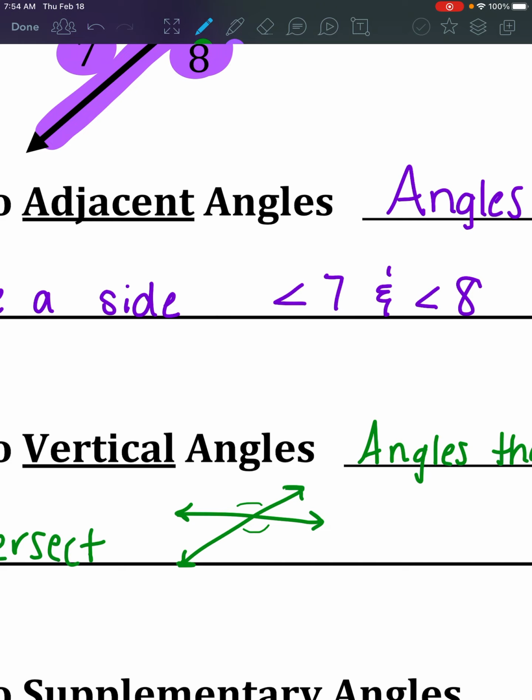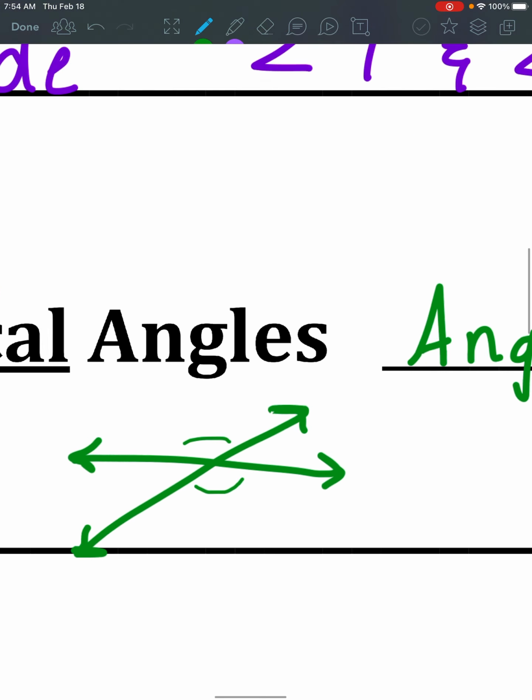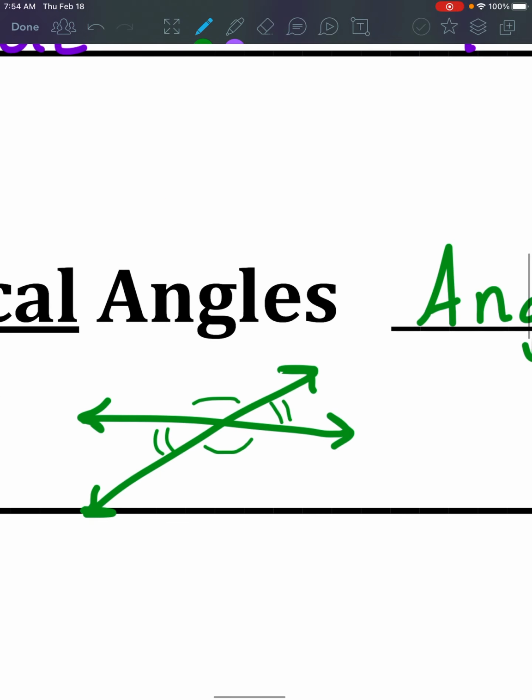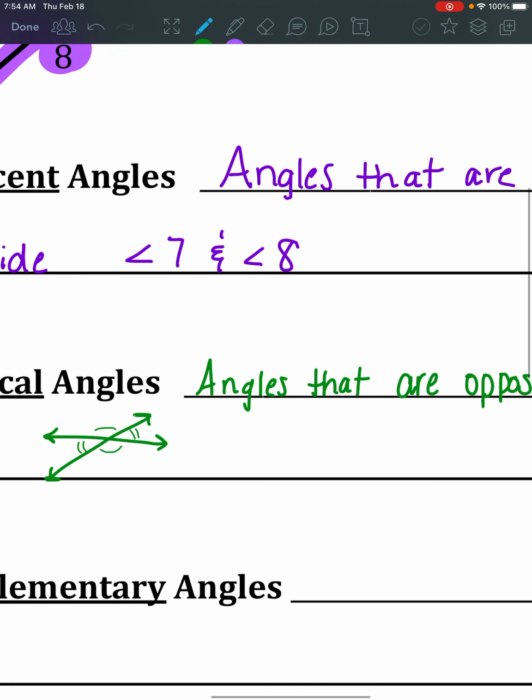Those are vertical angles. All right, now the other pair across from each other, those are vertical as well. Now those little symbols, when there's one little curved symbol, that means that those 2 are congruent, and then there's 2 little curved symbols, well then those 2 are congruent as well.